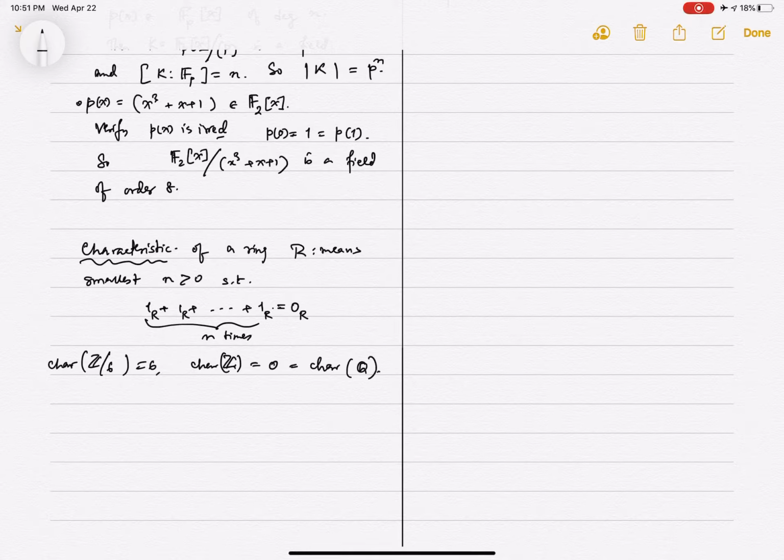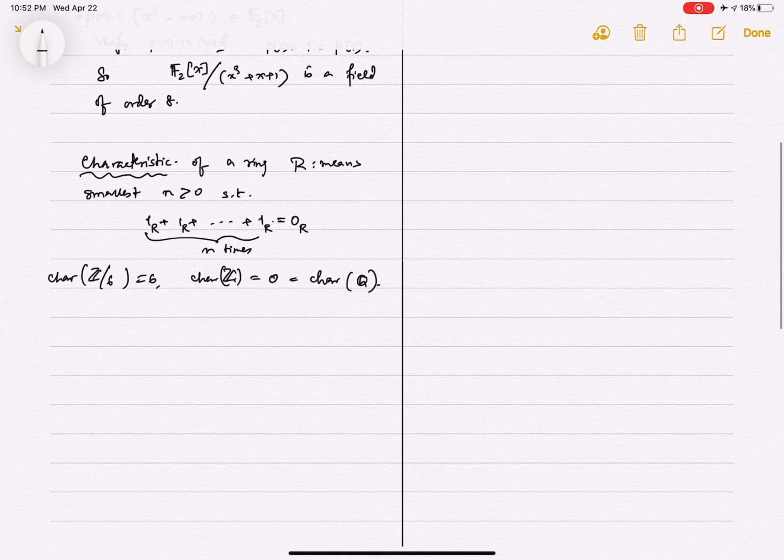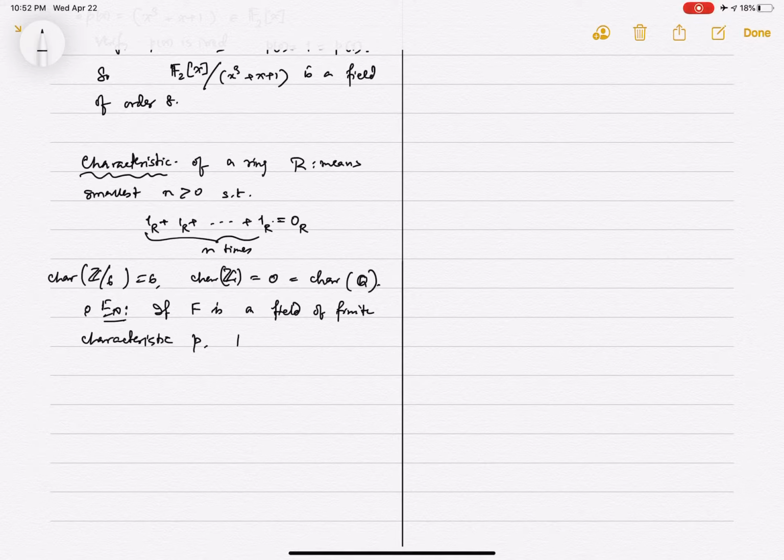Rational numbers or real numbers, these are characteristic 0. Whereas Z mod n has characteristic n. So the first observation is that, exercise, if F is a field of finite characteristic P, then P is a prime.